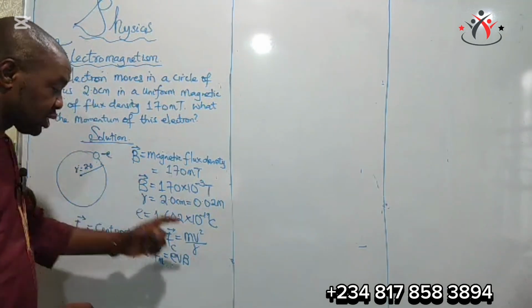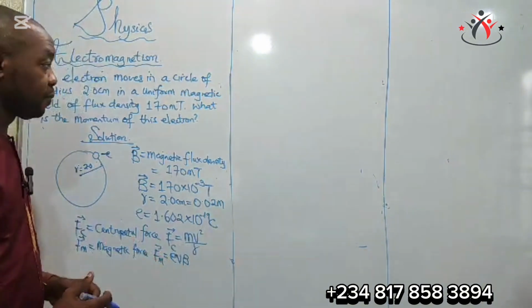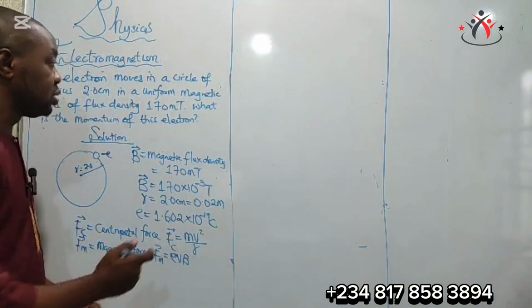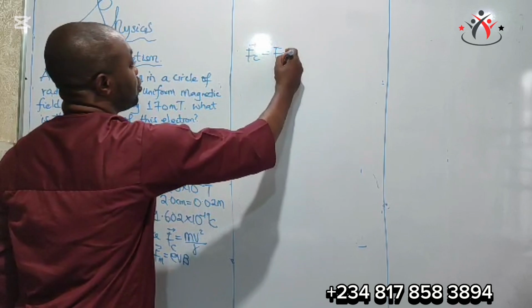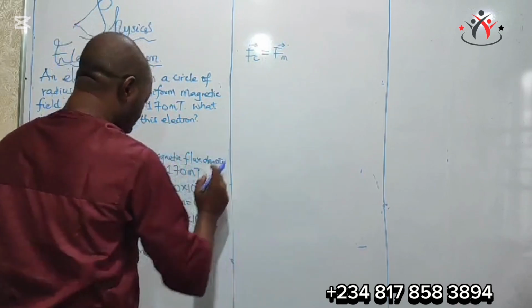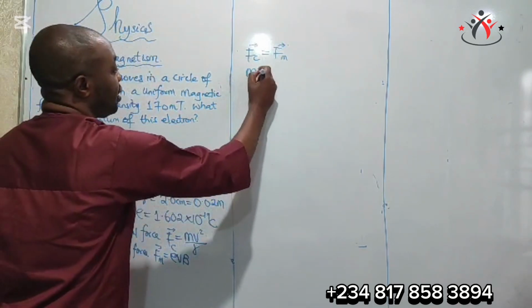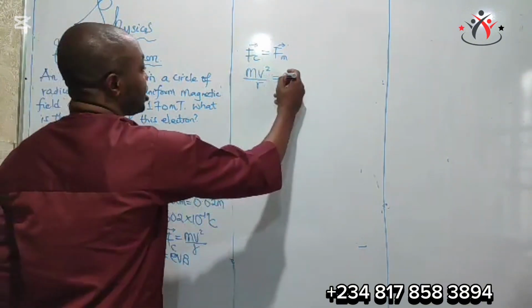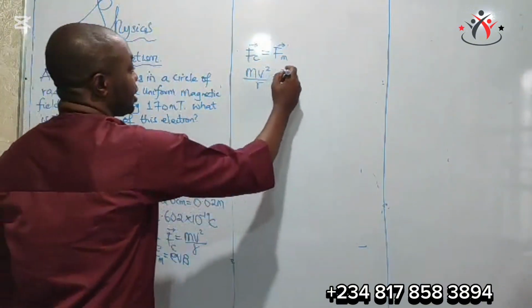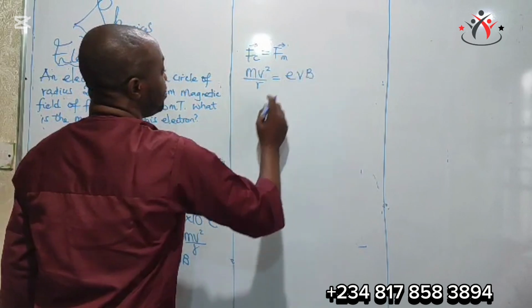So we have EVB. We are going to set these two forces equal. We're going to have our centripetal force equal to the magnetic force. And what is centripetal force? We have mv squared over r equals the magnetic force, which is EVB.